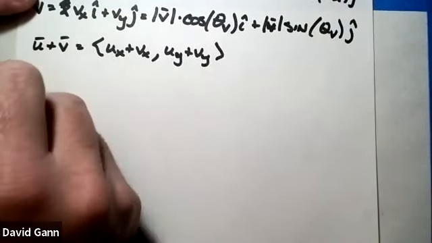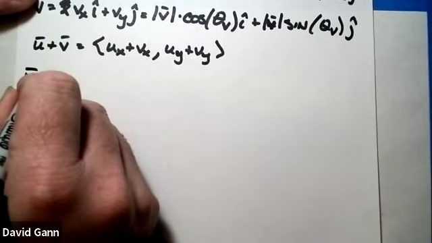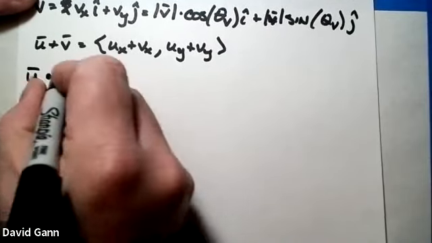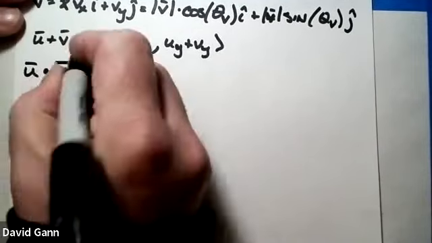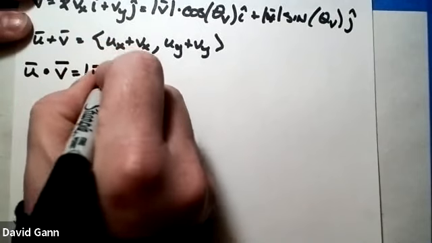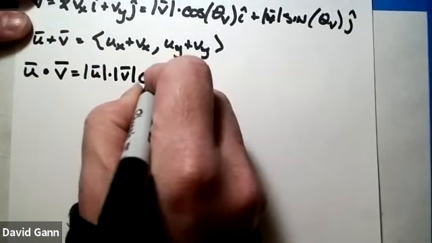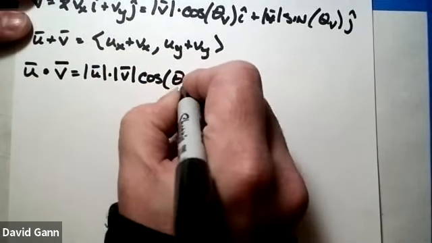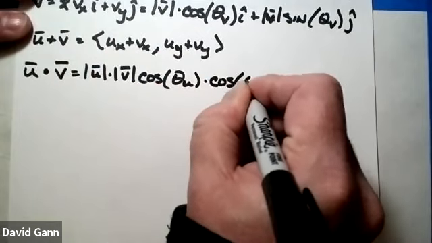So u dot v, which looks just like a times sign, only in typography it usually is a little bit bigger, this is the dot product, and it is going to be equal to the magnitude of u times the magnitude of v, times the cosine of the direction of u, times the cosine of the direction of v.